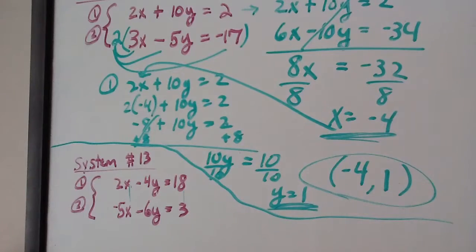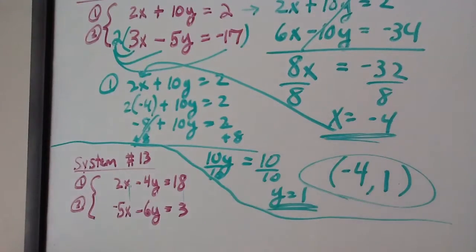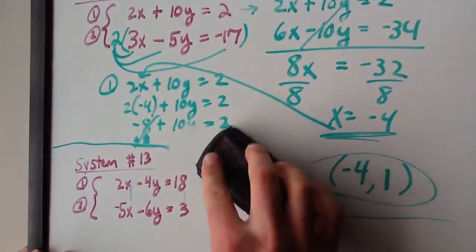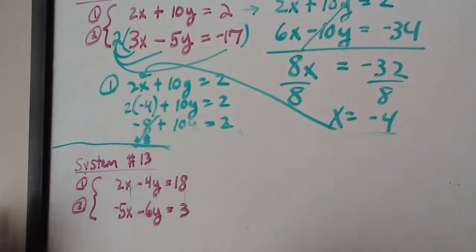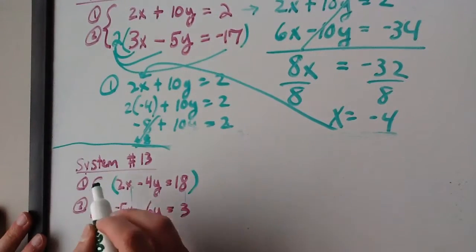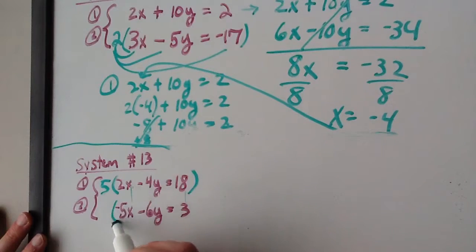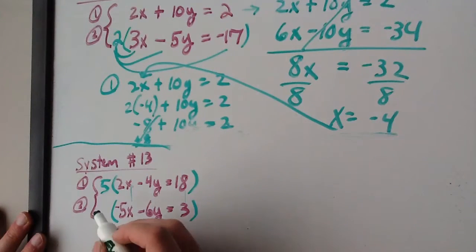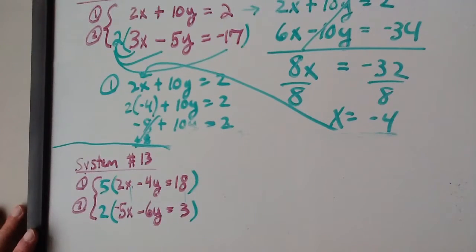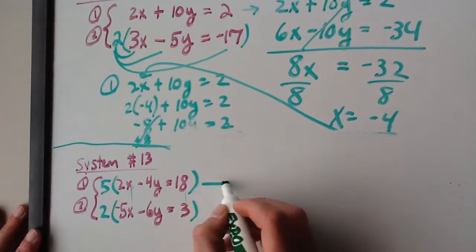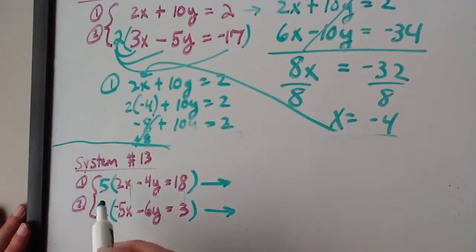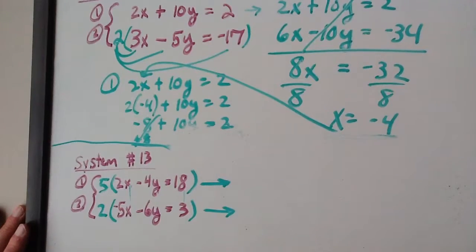So what I'm going to do is multiply the top equation by 5. And the bottom equation I would need to multiply by 2 to get 5 to be 10. Okay? So let's write my new equations over here. Remember, if you multiply the equation by a number, you got to multiply every term in that equation by that number.